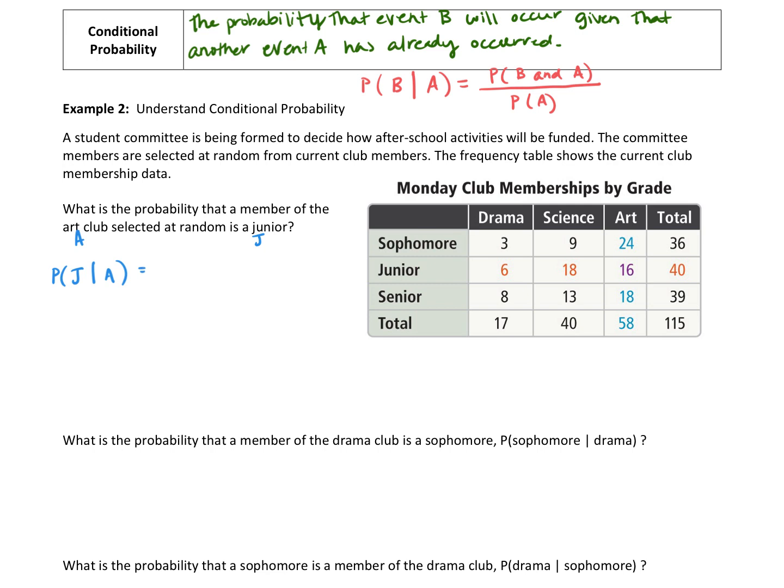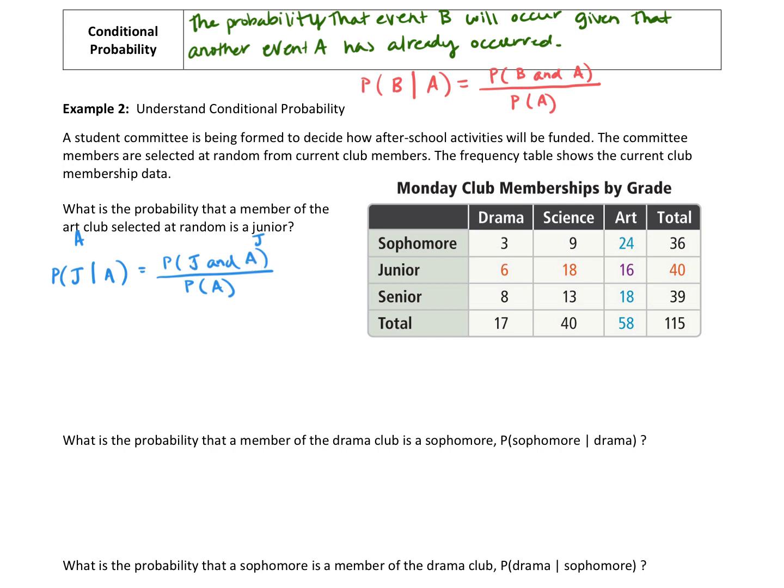If we follow our formula from above, we're going to find the probability that a member is a junior and in art club divided by the probability that the student is in art. All right, so the probability that a student is a junior and in art club.